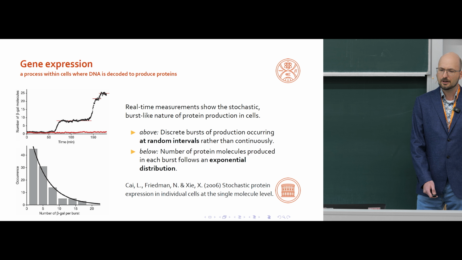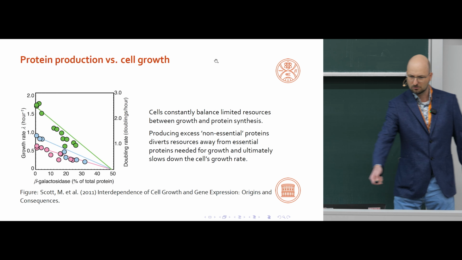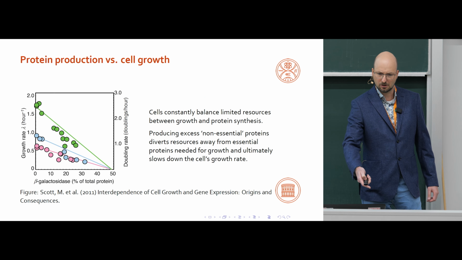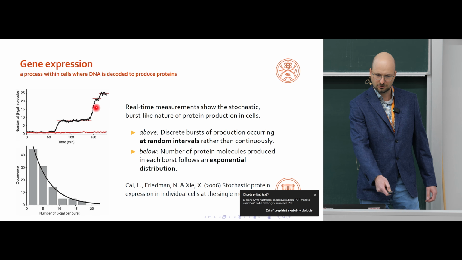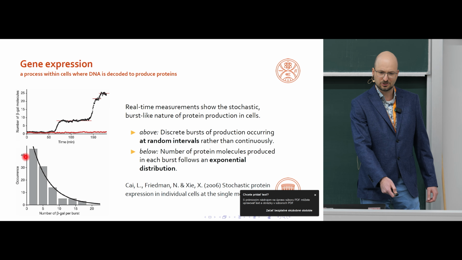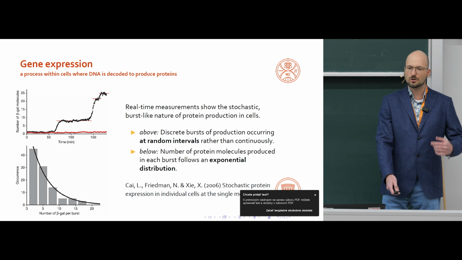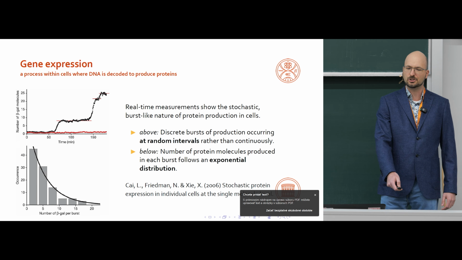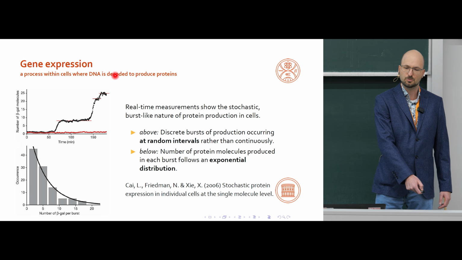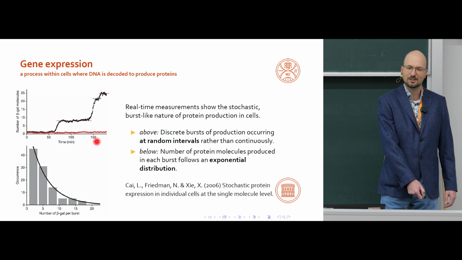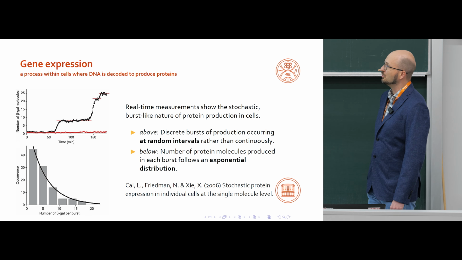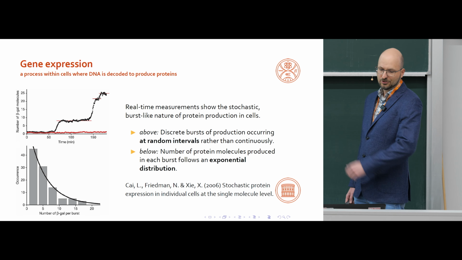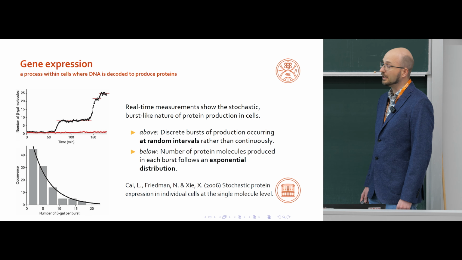And the other figure is a histogram. Yeah, so this histogram shows you the sizes of these bursts. So as I said, each burst is randomly timed and randomly sized, and the distribution is like it shows on the figure below.